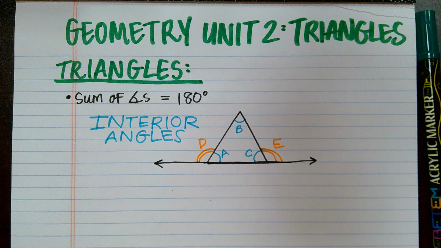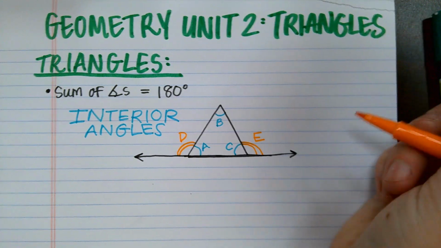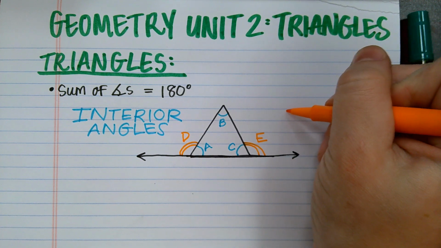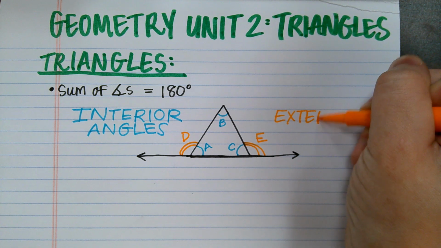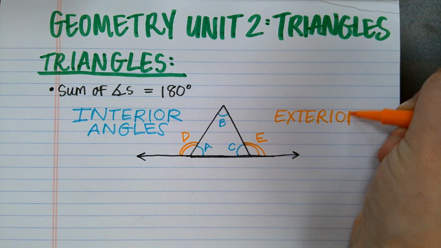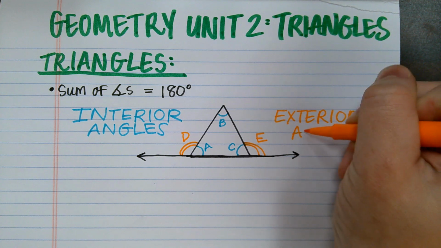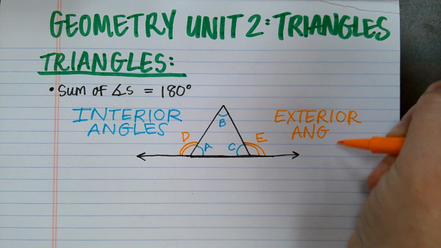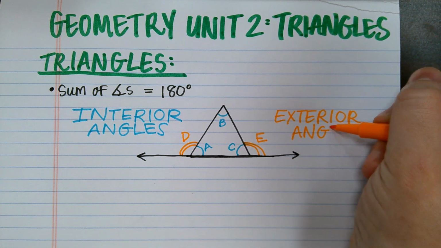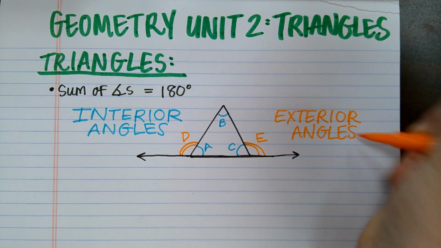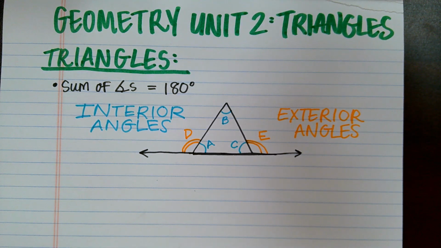And then angles D and E, those are our exterior angles. And a really easy way to remember that is interior is inside. There you go. Perfect.